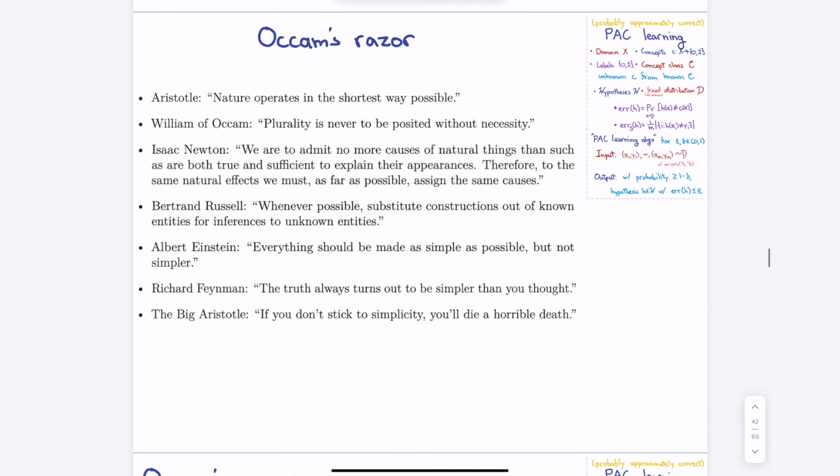And I could define a range space, maybe R of H, which can be the set of all of these true sets. Hypothesis in learning theory is just about labeling things true or false, but I can think of the set of things being mapped to true as a shape. It's a subset.